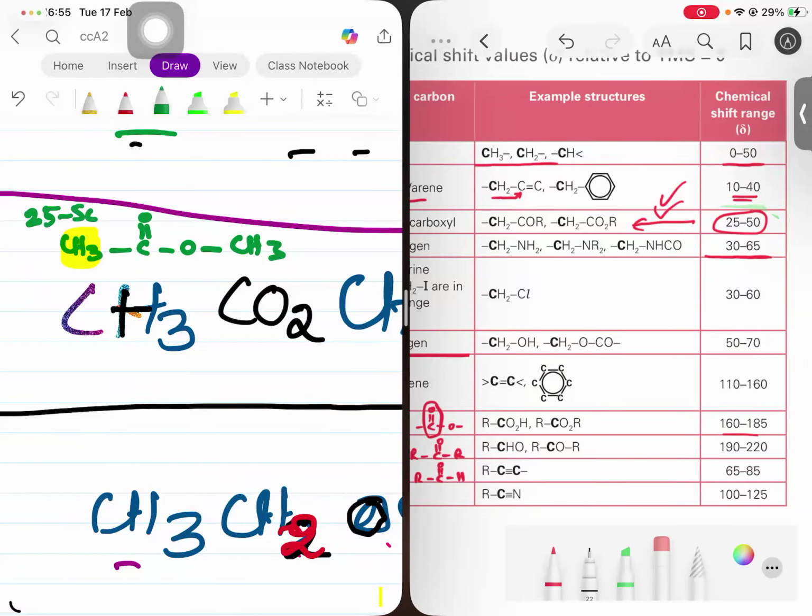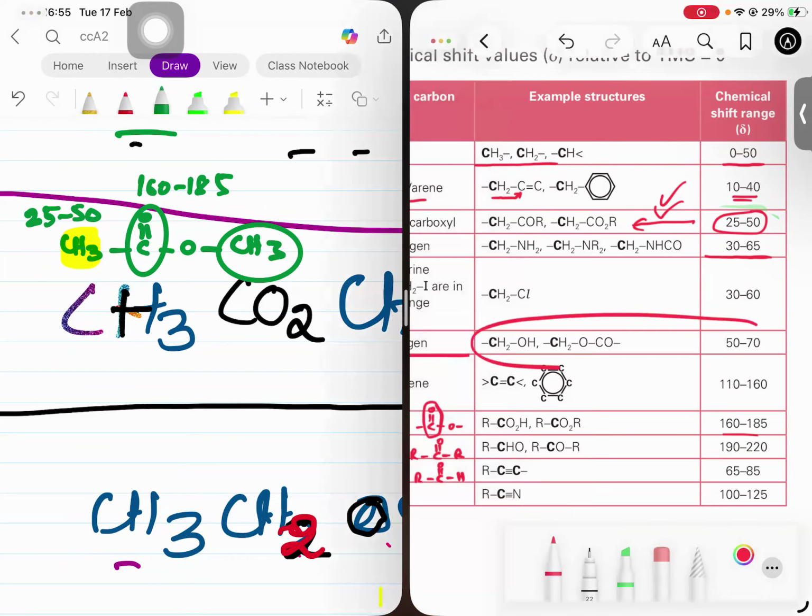Well done. This CO, that's a carboxyl. What is this? 160 to 185. And what about this? It is next to oxygen. Look at this one. Yes, it is 50 to 70. 3 peaks. Okay, next.